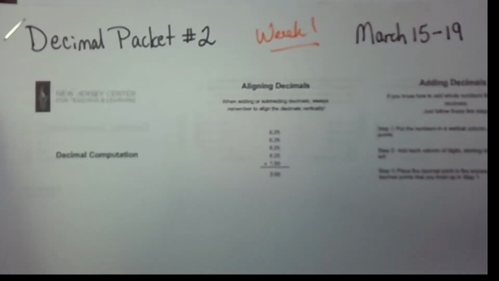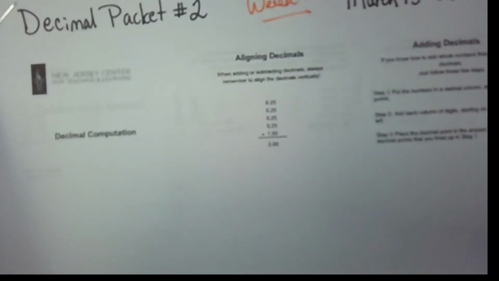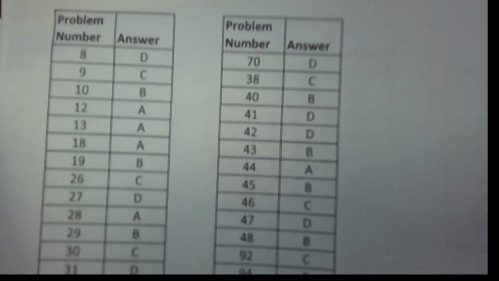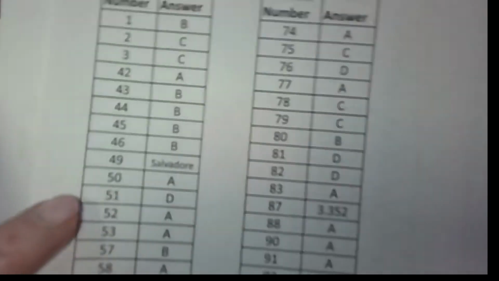There was also a second packet that says decimal packet number 2. That one was marked a little bit better. Same thing. As you read through here, you should be able to look at these questions and answer them as you're going along with decimal operations, and then also you would have a key.